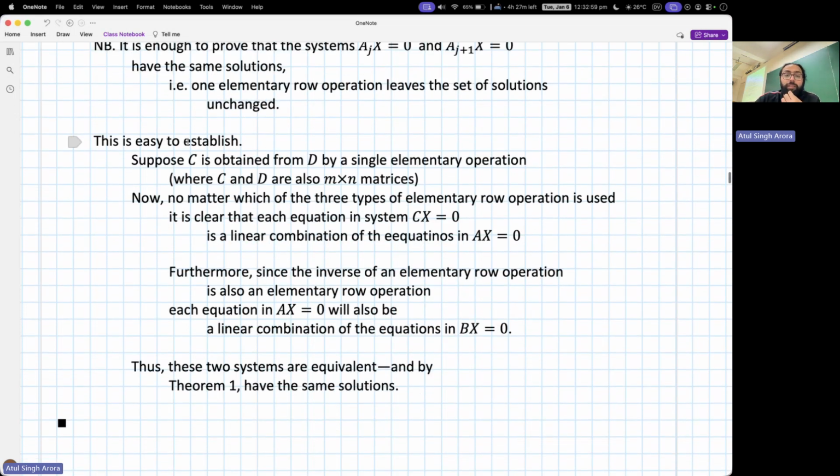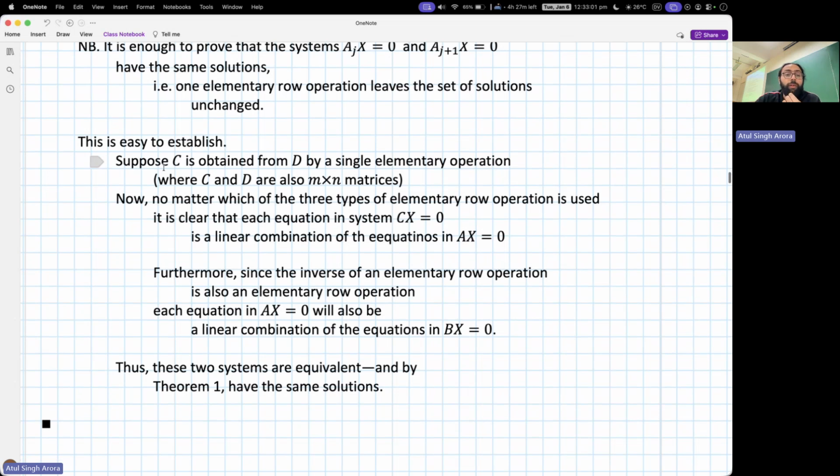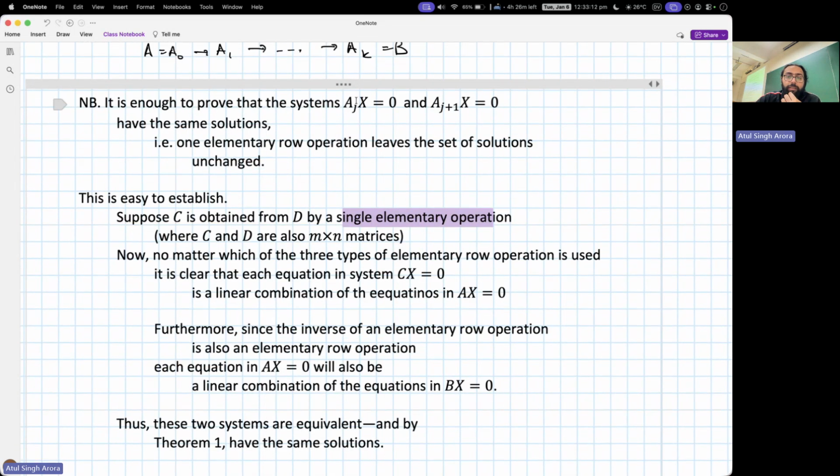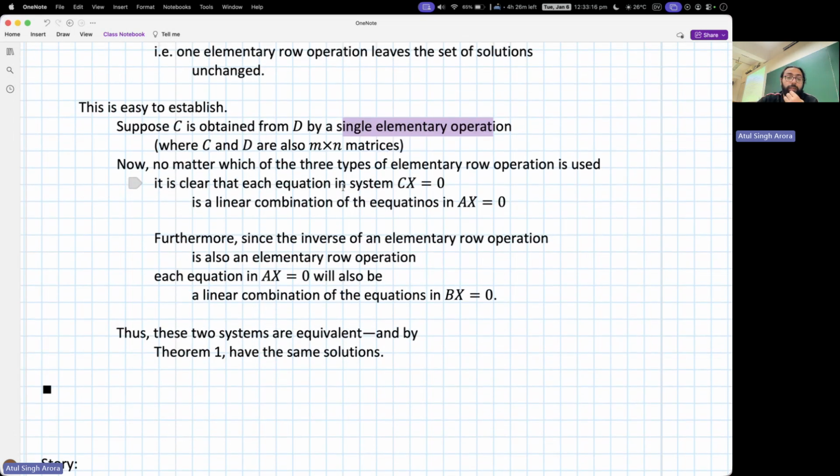And how do you establish that the set of solutions stays the same for each arrow? Suppose that C is obtained from D using a single elementary operation. C and D are basically just these two matrices, A sub j and A sub j plus 1. I'm just being a little lazy and calling them C and D. It doesn't matter which of the three types of elementary row operation you used.